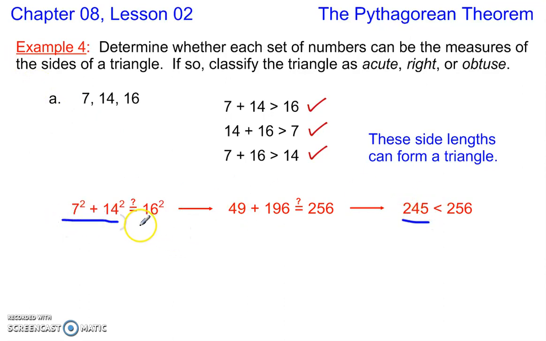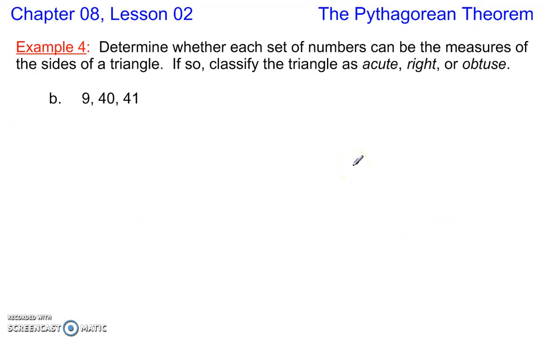These two sides together are less than C squared, so C squared is greater. The square of the longest side is greater than the sum of the squares of the two shorter sides, which means this is an obtuse triangle.